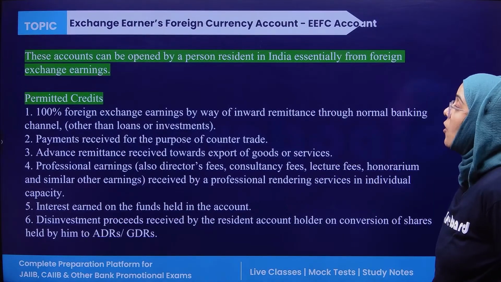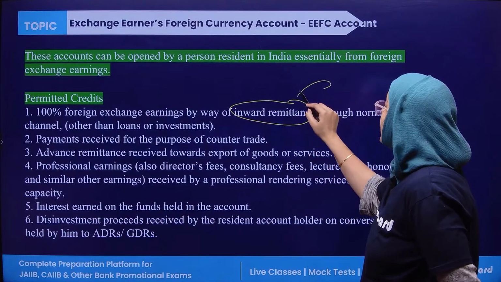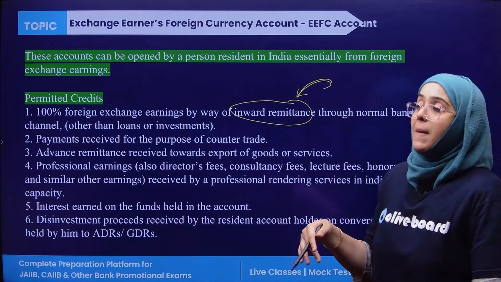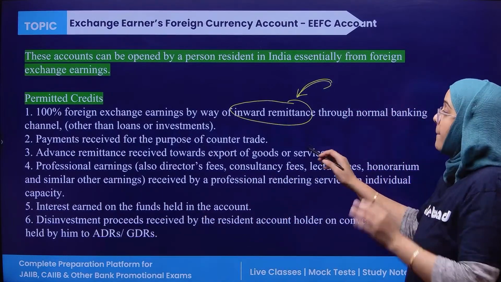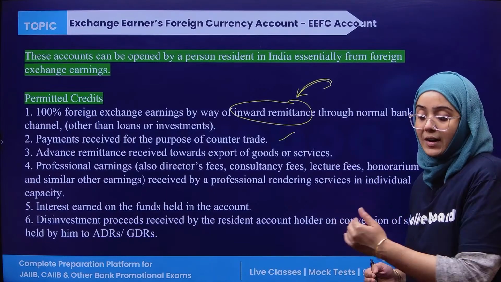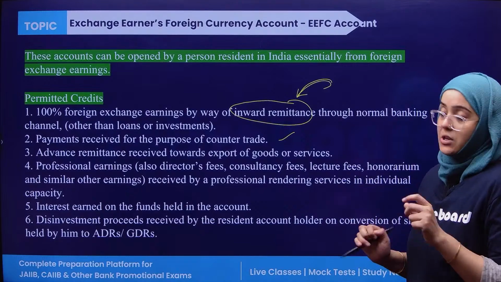100% foreign exchange earning inward remittance, meaning any remittances from outside to India, is 100% permitted. Payment received for counter trade is also a permitted credit.